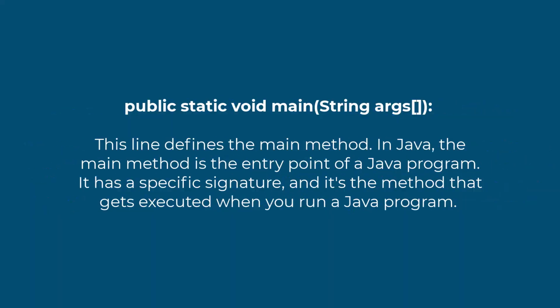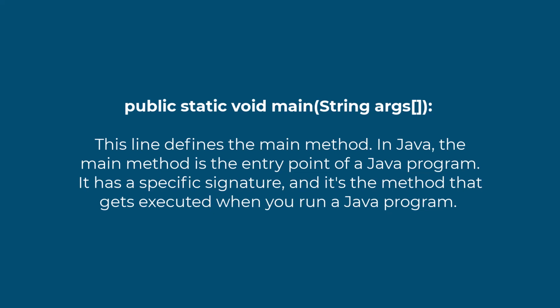This line defines the main method. So we already discussed that a class can contain methods. So the name of the method here is main. In Java, the main method is the entry point of the Java program. So what do you mean by the entry point? Entry point means in your room, the gate or door is your entry point.